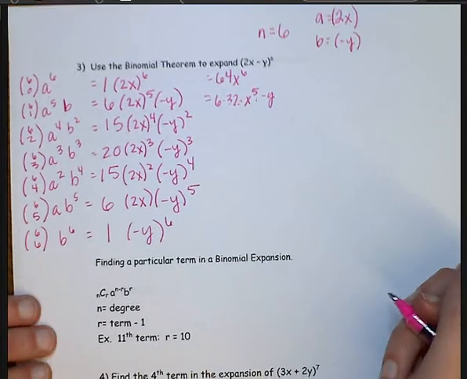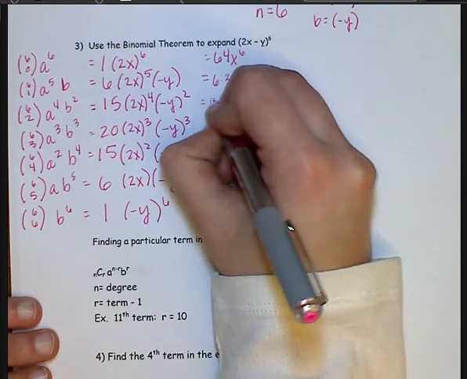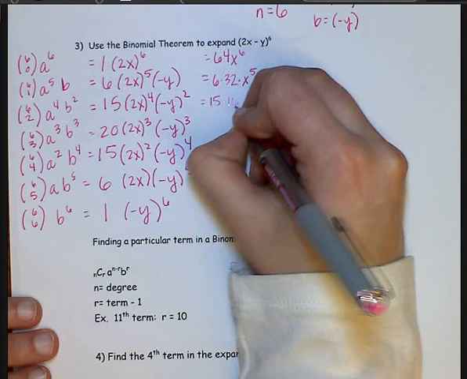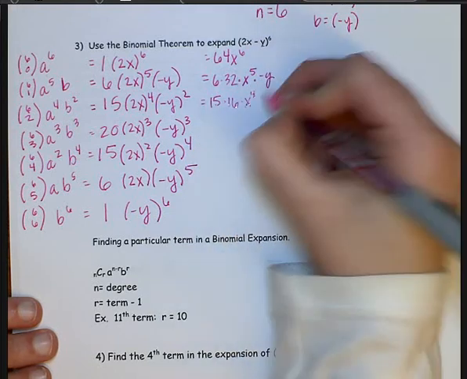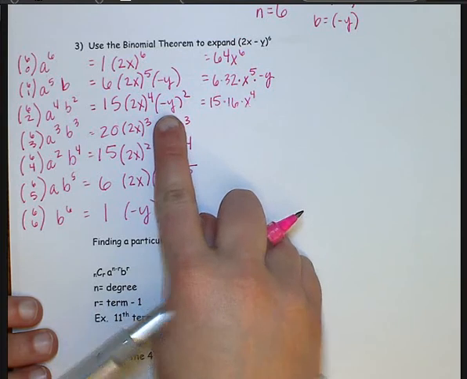For my next term, I have 15 times 2 to the 4th, which is 16, times x to the 4th, and negative y squared. That negative is being squared, so it becomes a positive, so just times y squared.